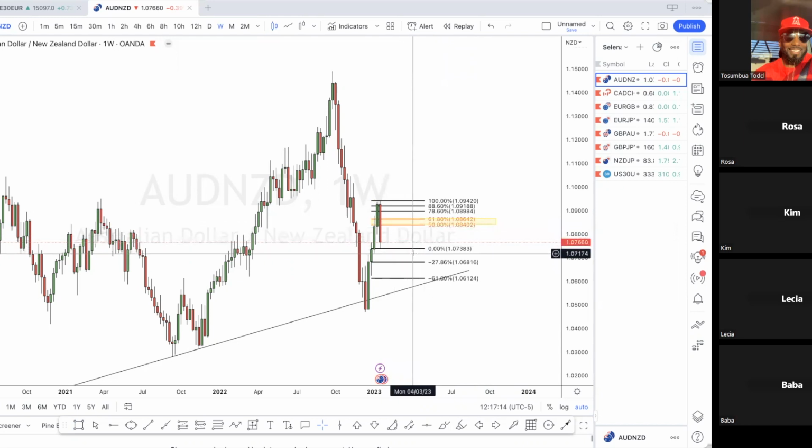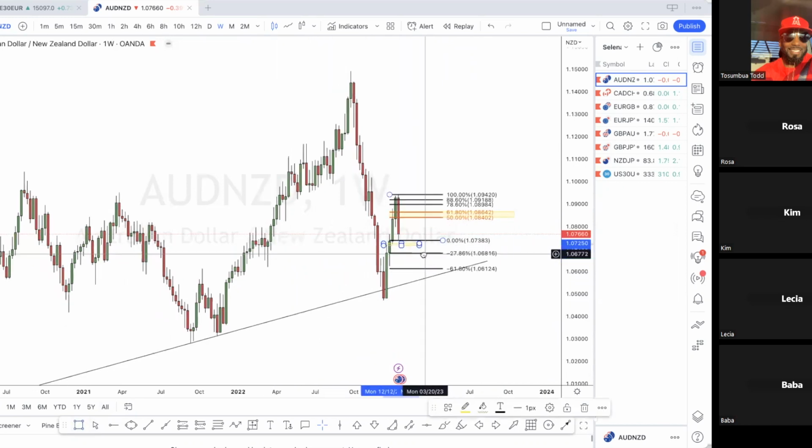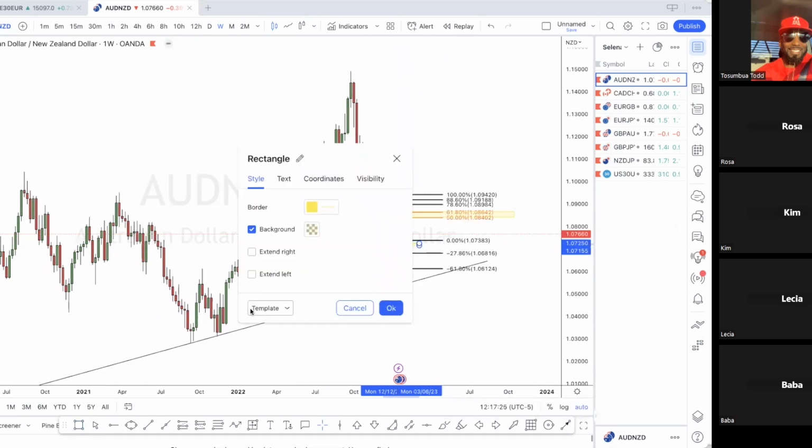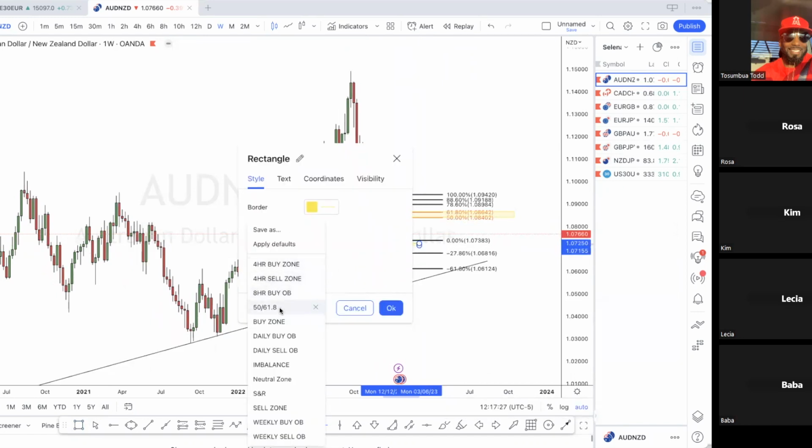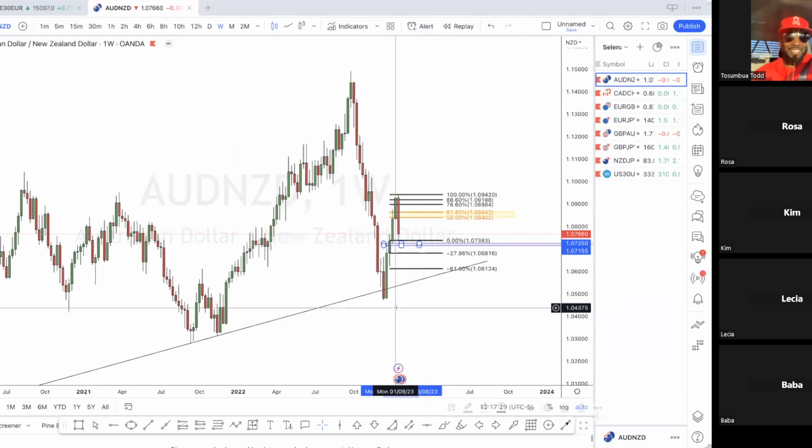Or possibly a sell down to the negative 27, which would, so let me. That imbalance right there.